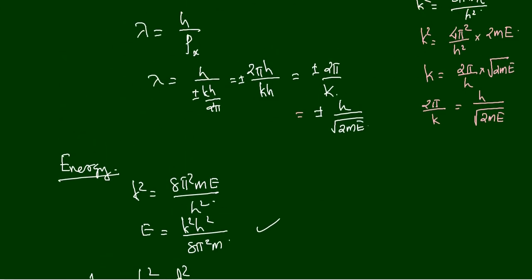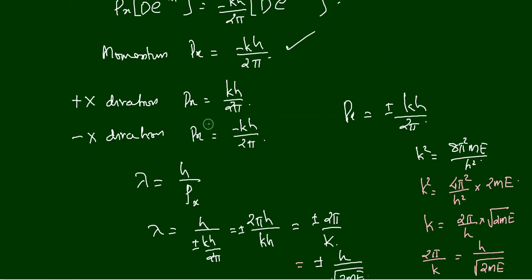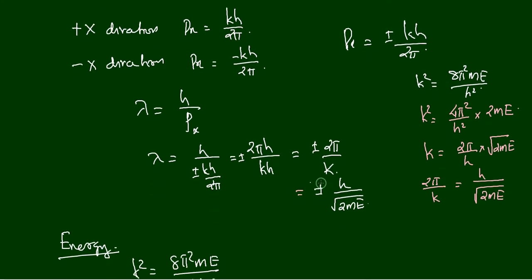So let us move back to that discussion of the movement in the plus x direction and the movement in the minus x direction. When it is moving in the plus x direction, it has a wavelength of plus h divided by root of 2mE, and when it is moving in the minus x direction, it has a wavelength of minus h divided by root of 2mE. Then what is the meaning of this?